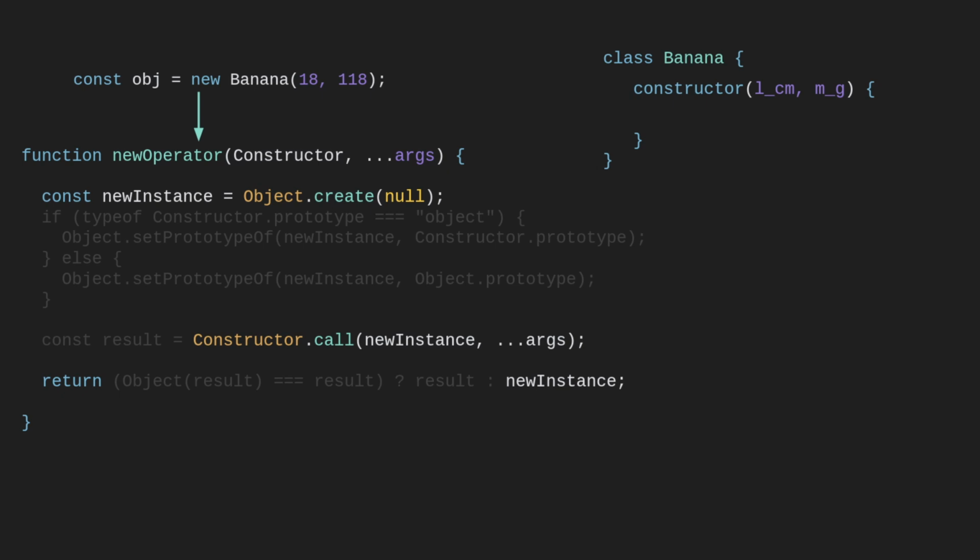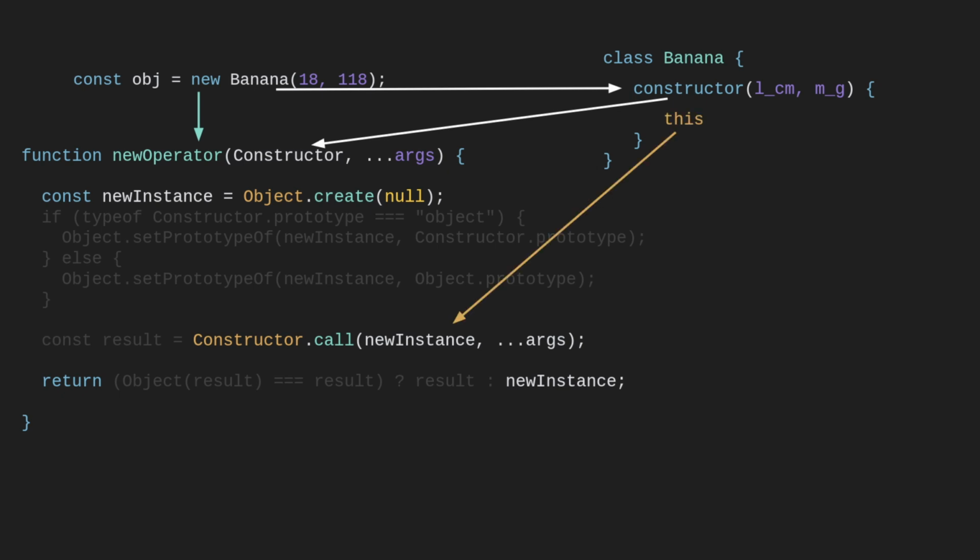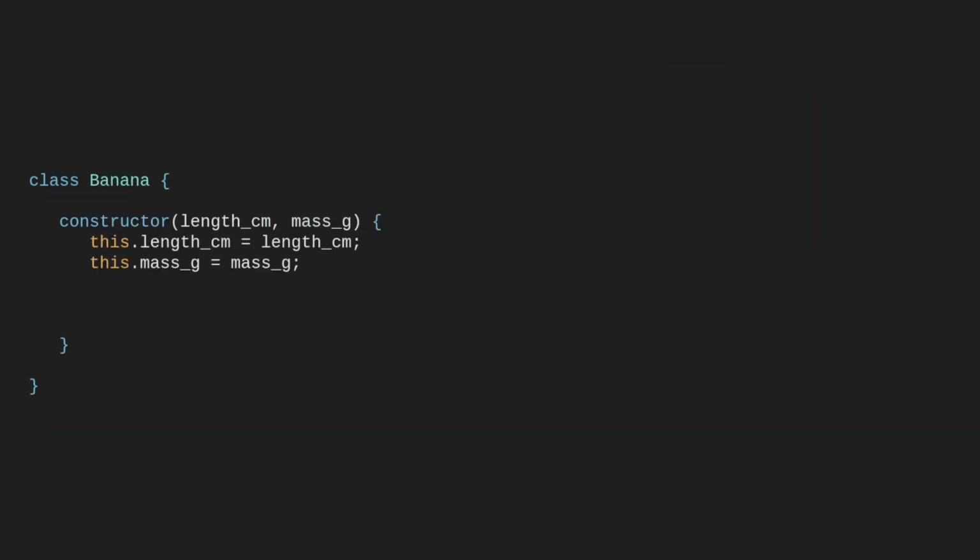When it comes to classes, the body of the constructor will be executed, which means that inside the constructor, references to the keyword this will point to the new object created. Now that we know that we can use this to refer to the newly created object, let's store the length and mass of the banana in data properties. And let's define a function property to calculate the calories of the banana.